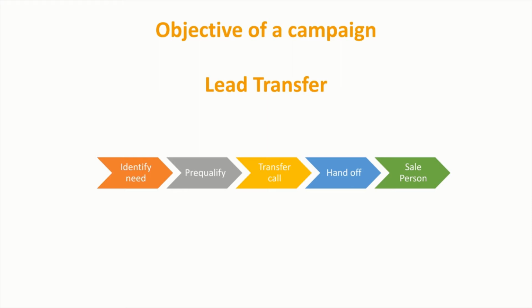Next stage is to transfer the call, where you'd normally have an agent and they're transferring to a sales team or a closer. The handoff is very important, that the information from an agent is reflected and communicated to a salesperson, and then the salesperson will take over the call and the agent departs the call.